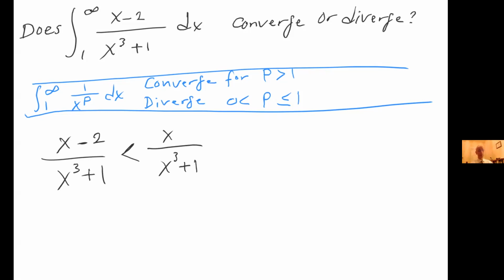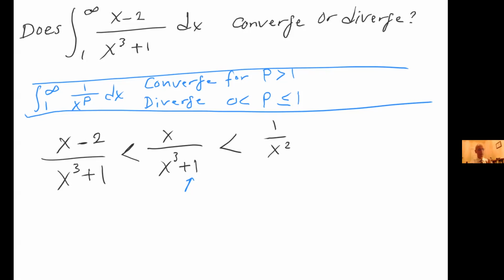And the 1 in the denominator makes this rational function even smaller, so I can claim that this is smaller than 1 over x squared.